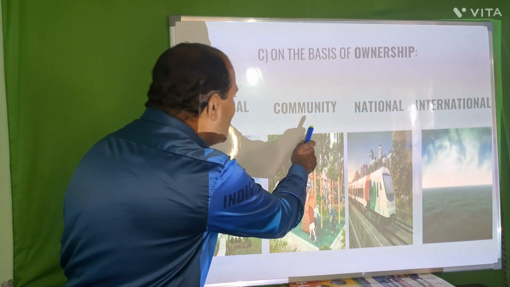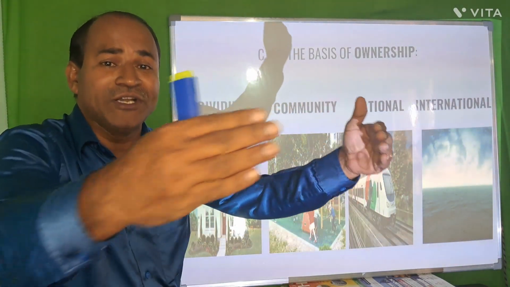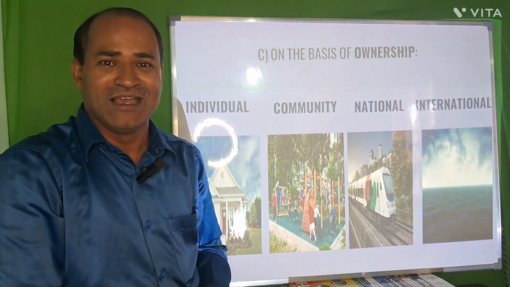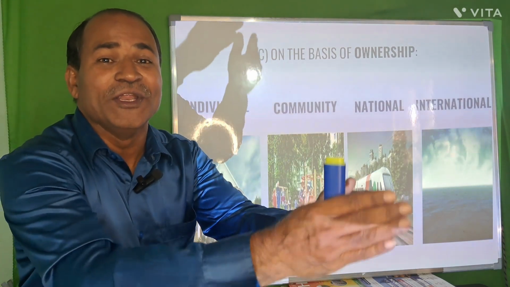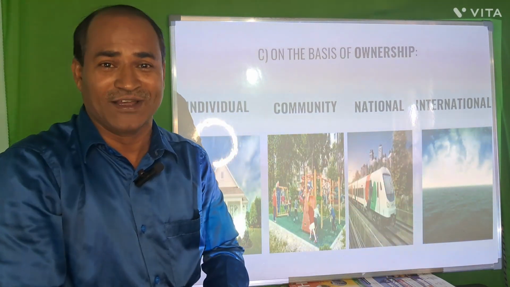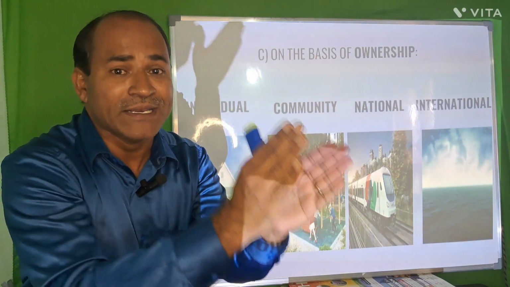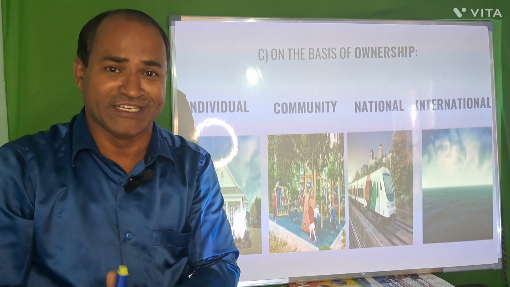Okay, next, community resources. A group of people or a particular community utilizes these resources. For example, burial grounds. People of that particular community can utilize the burial ground. For example, there is a burial ground reserved only for the Christian community.